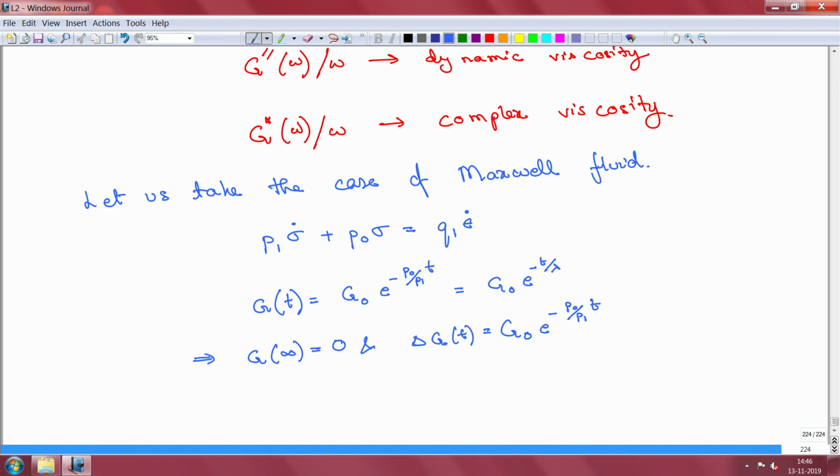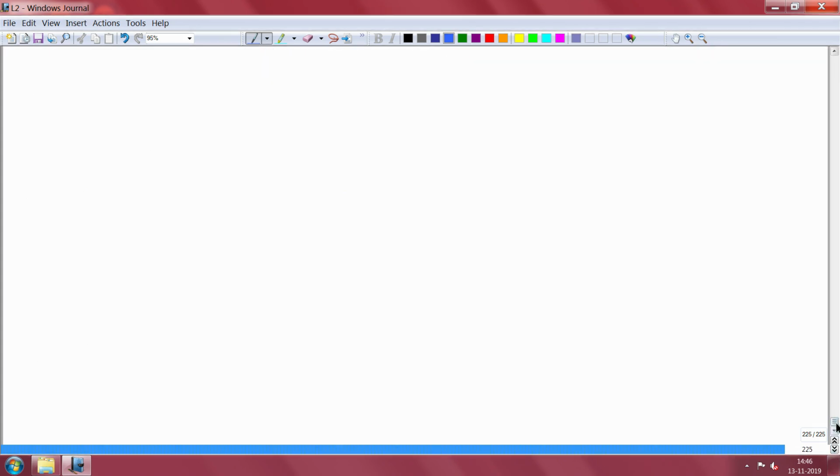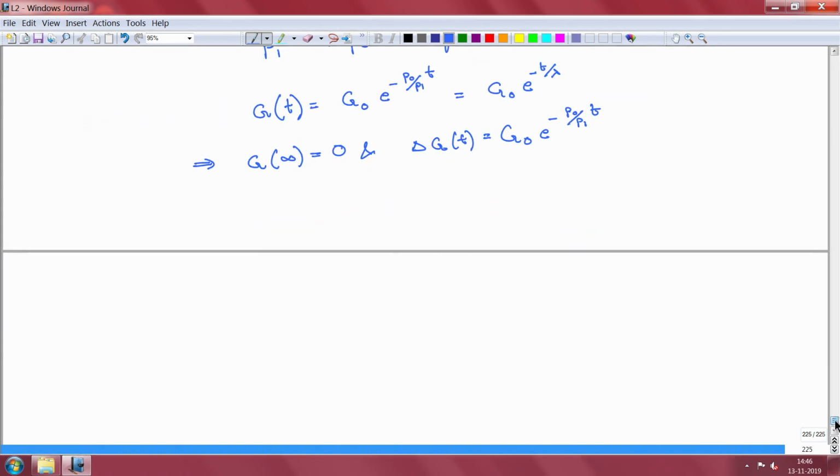Okay. So, what I am asking you to find is, for example, what is the value of the complex modulus. Okay. And we know already the equation. So, I just want you to compute the integral.